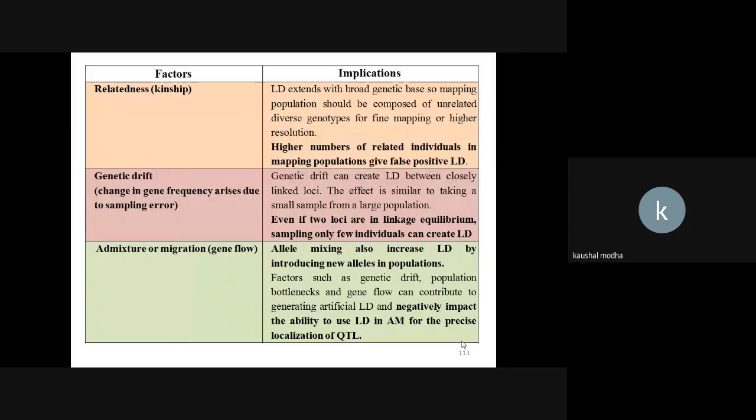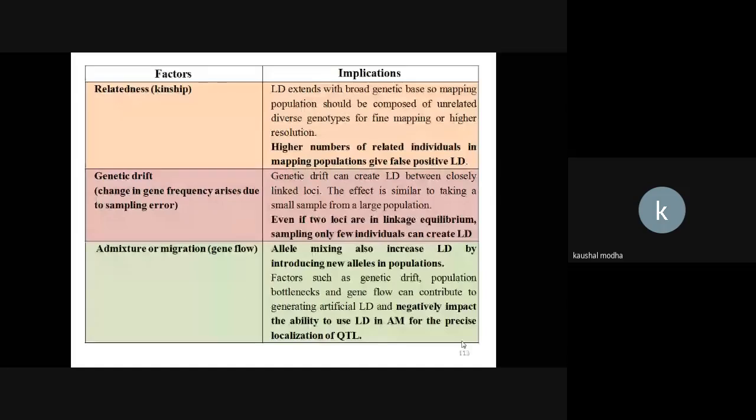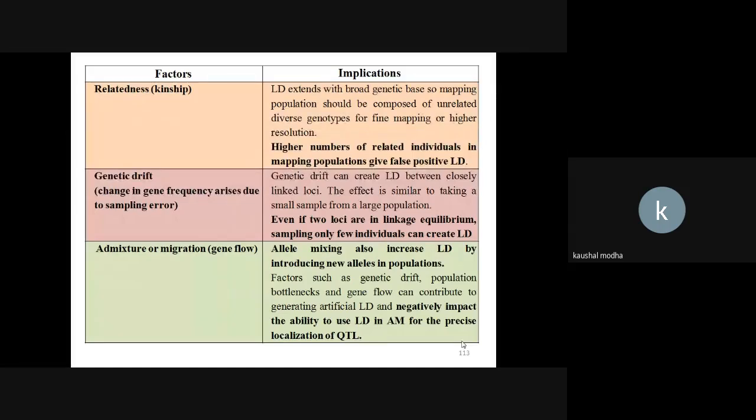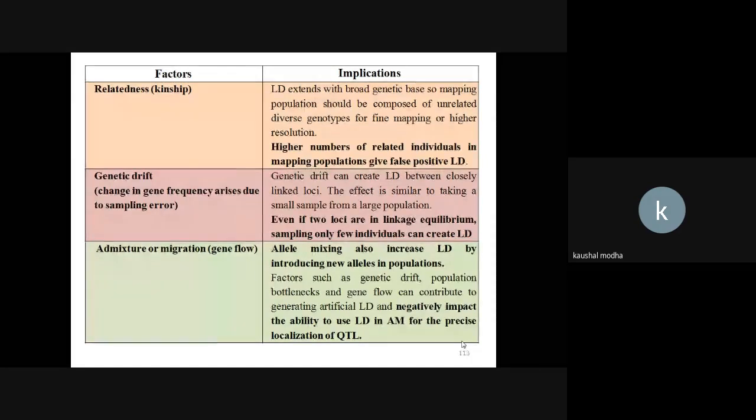To understand this, I will give you my own example. You can also compare with yourself. Suppose I compare the genes present in my genome with my brother's genome, and perform LD and association mapping. 50% of the genes will be associated. It will show LD, but not because of true LD due to evolutionary and historical recombination.